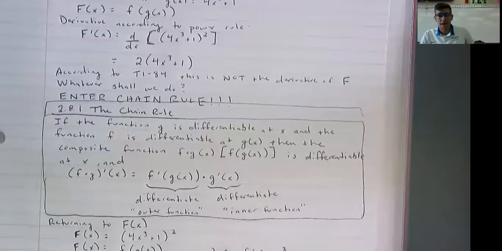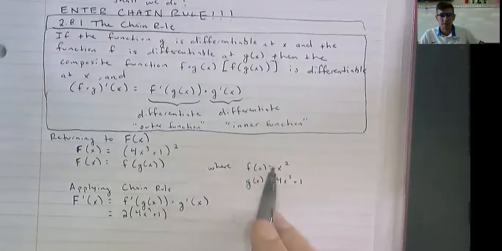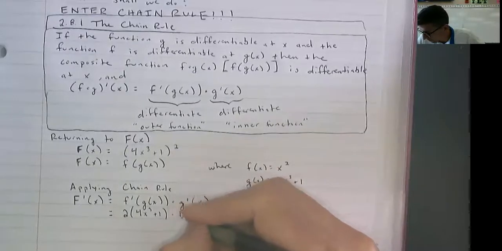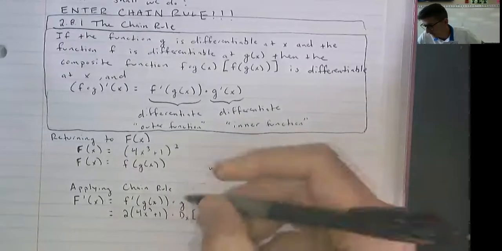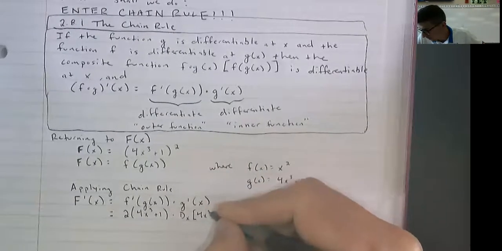The exponent has now been decremented by 1. And now we're going to differentiate the inner guy, g prime of x. G prime of x, we said, was 4x cubed plus 1.